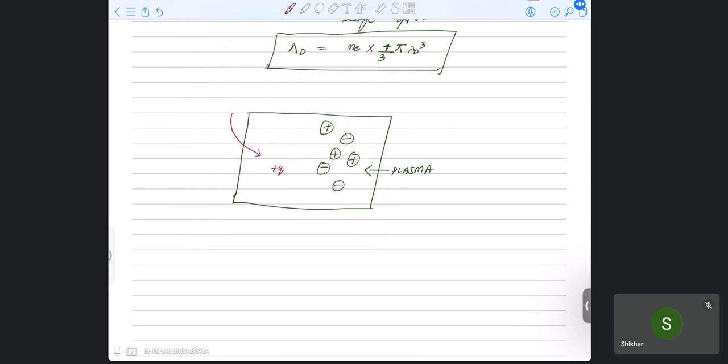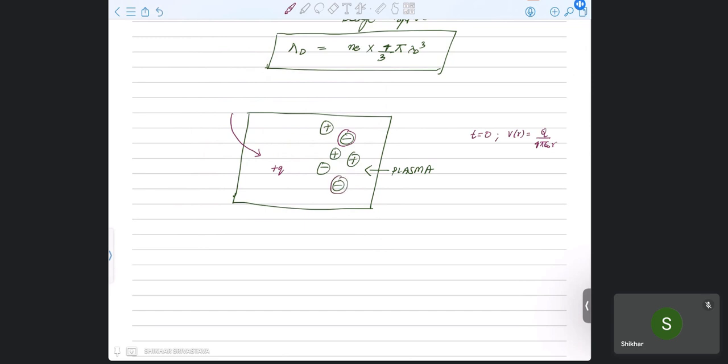At t equal to 0, due to this test charge some potential will be set up, given by q upon 4 pi epsilon naught, and due to this potential there will also be some Coulombic attraction, because this positive charge will start attracting the negative electrons inside the plasma.